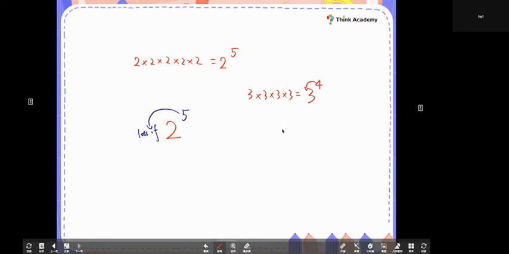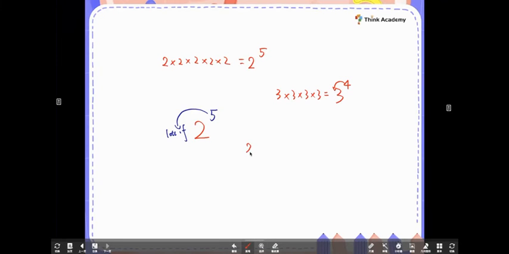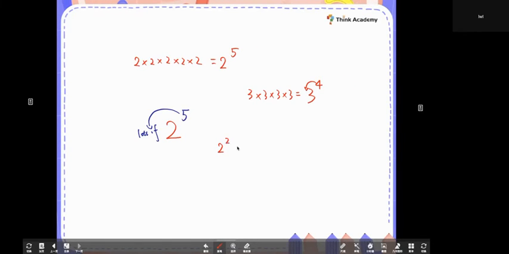And the next is multiplication with powers of the same base number. For example, 2 to the power of 2, 2 squared, times 2 to the power of 3, 2 cubed. How does it work? If you cannot directly know the answer, we can break these 2 powers down into multiplication.